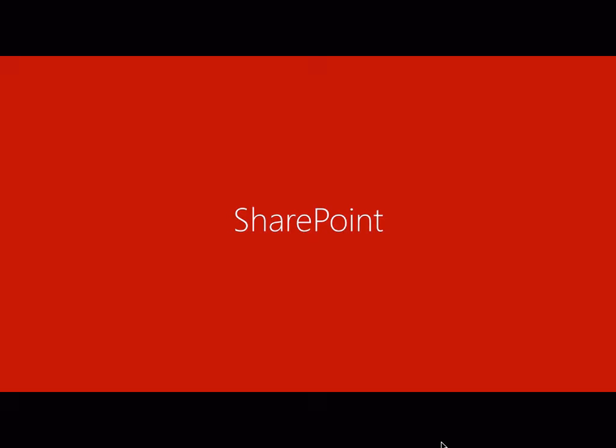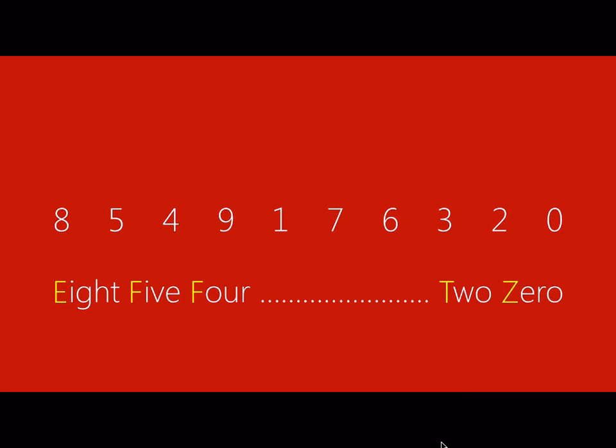It won't. What if I told you, friends, that these numbers are arranged in alphabetical order? Oh, very interesting. 8, 5, 4, 9, 1, 7, 6, 3, 2, 0. And that's what we're going to do this afternoon.